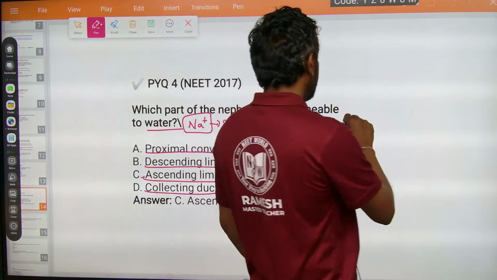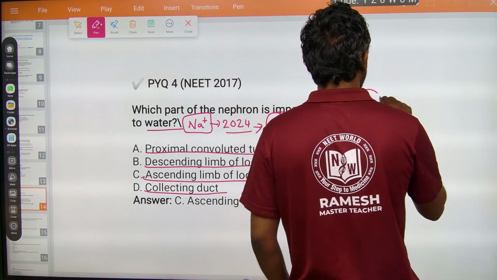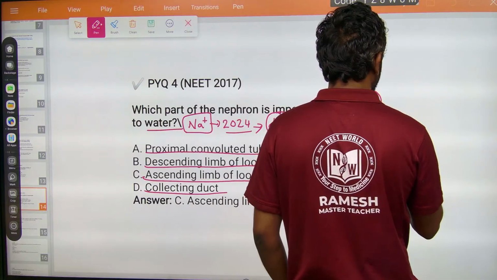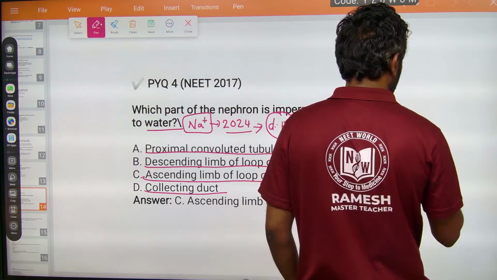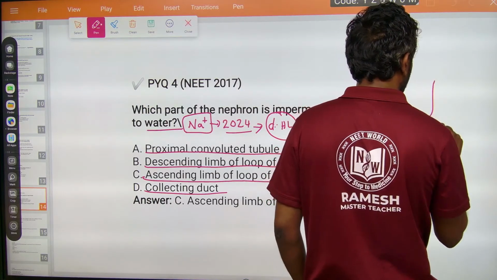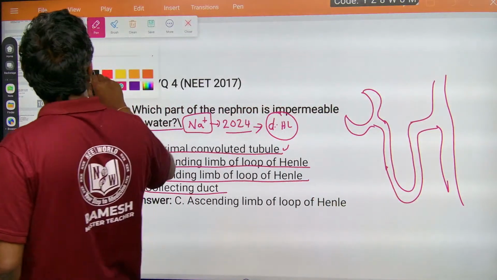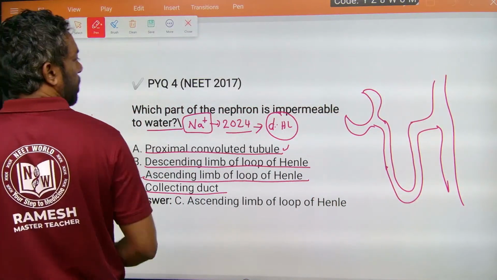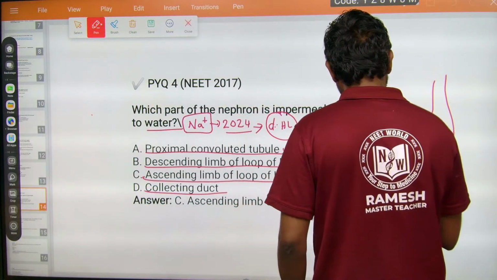Guys, in the nephron, this is permeable to the water.